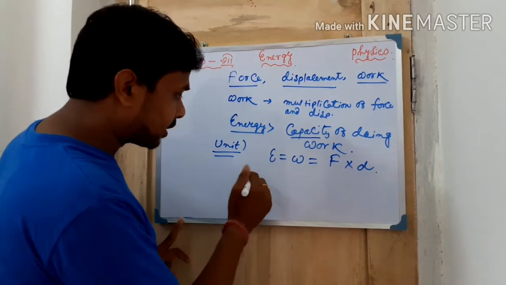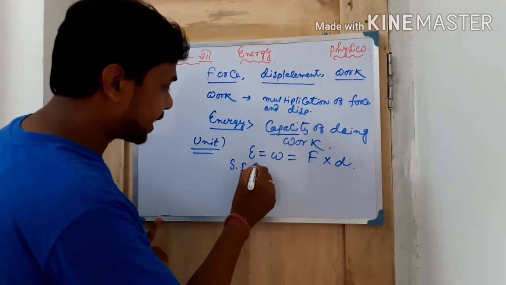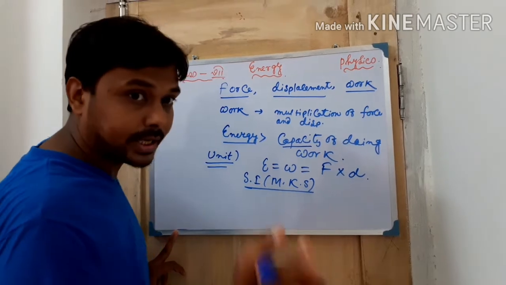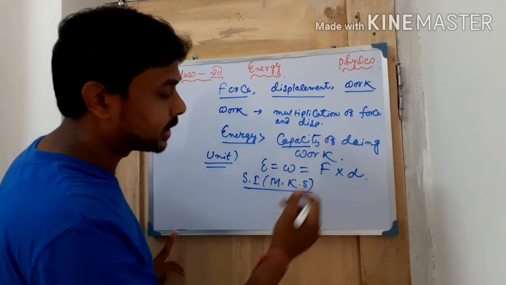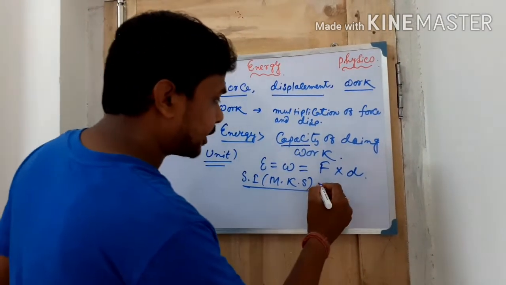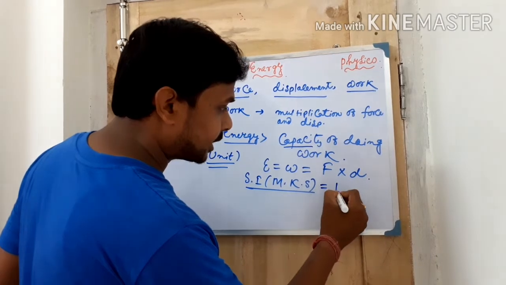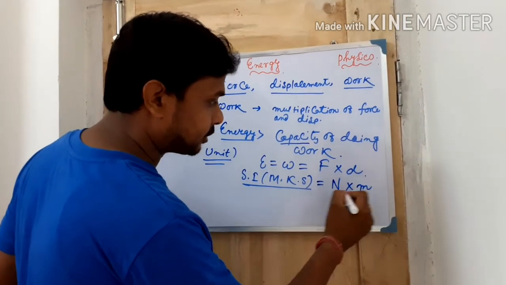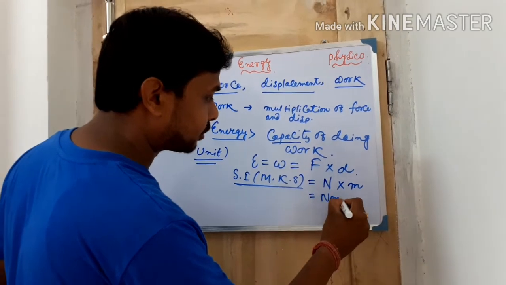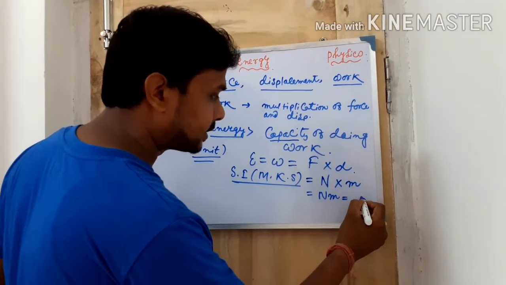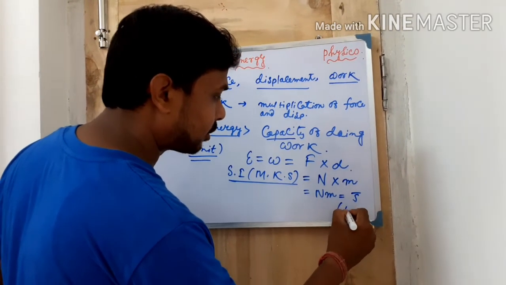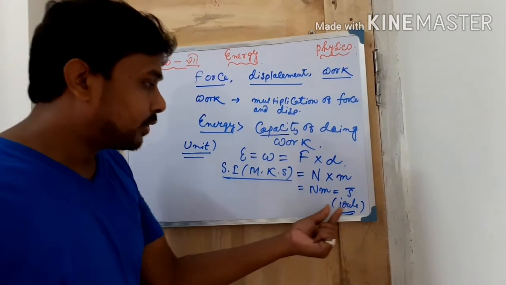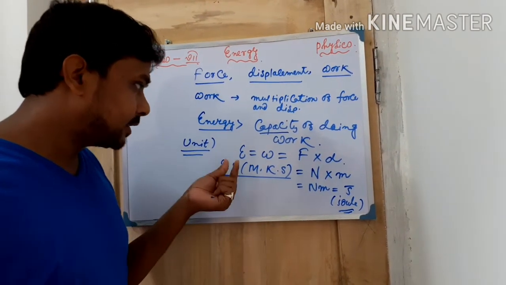In the SI system, that means the MKS system, the unit of energy or work is the unit of force, that means Newton, times the unit of displacement, that is meter. So you write Newton meter, which is written as joule, capital J. This is the actual unit of energy or work.